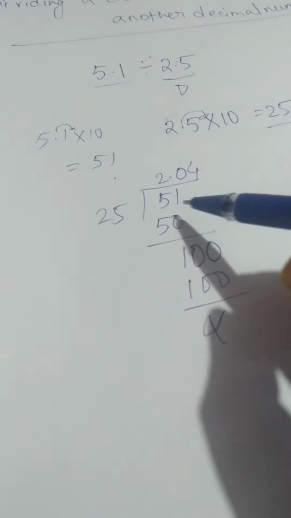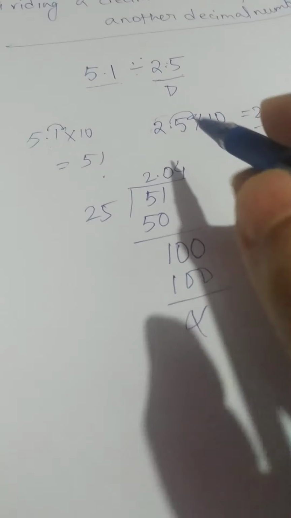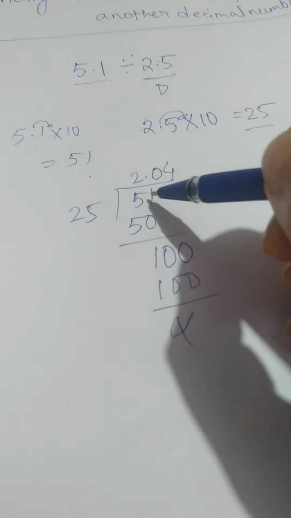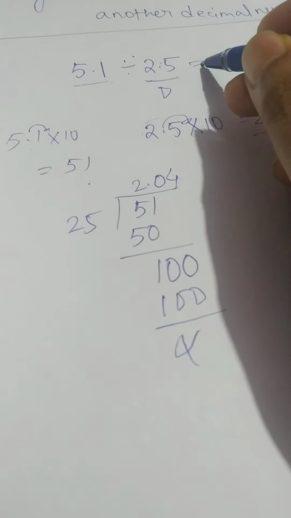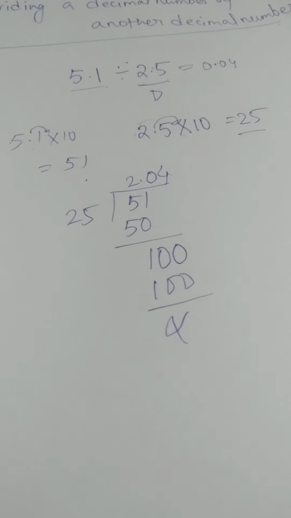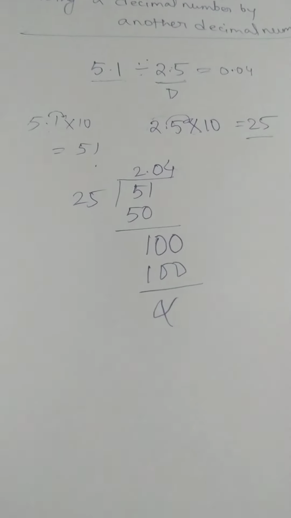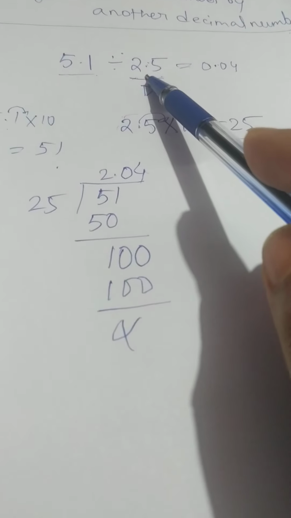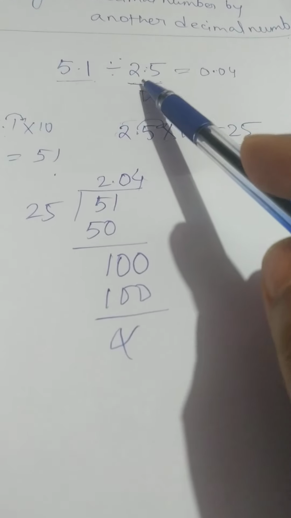In this way we can easily divide. The answer of 5.1 divided by 2.5 is 0.04.